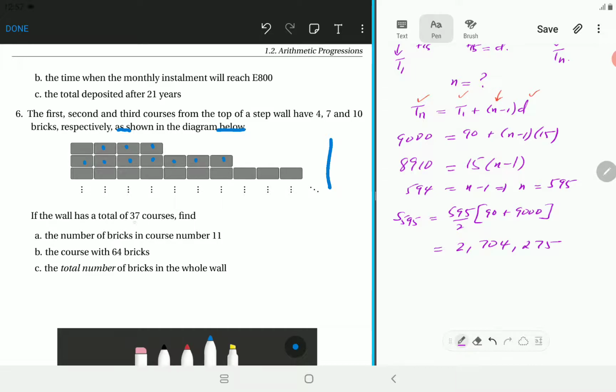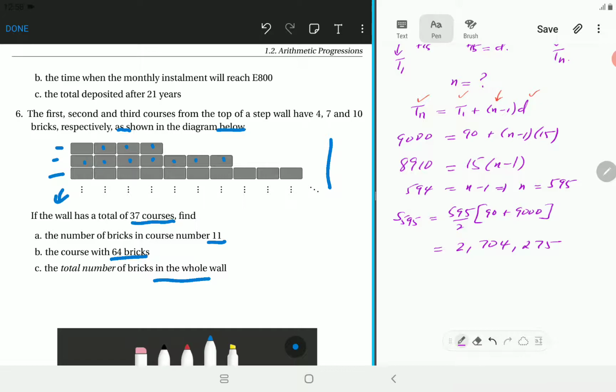That's the first course, second course and third course. The wall has got a total of 38 courses, so going down like that. Find the number of bricks in course number 11. Find the course with 64 bricks. Find the total number of bricks in the whole wall.